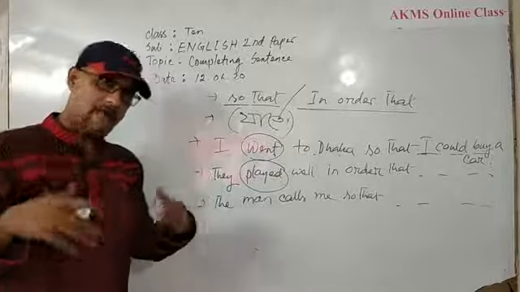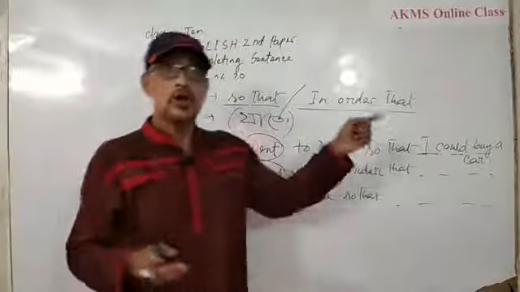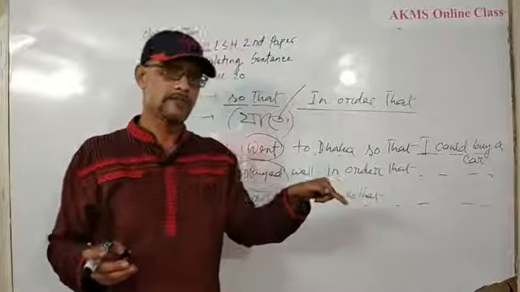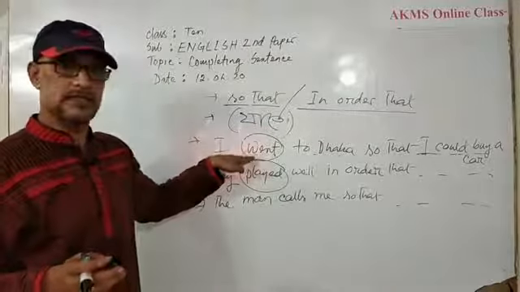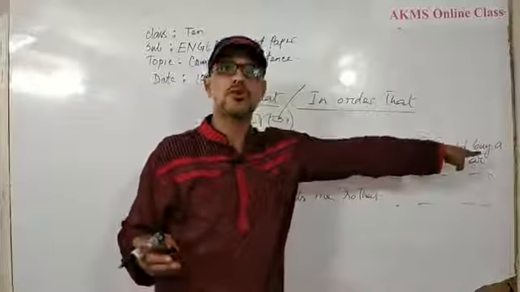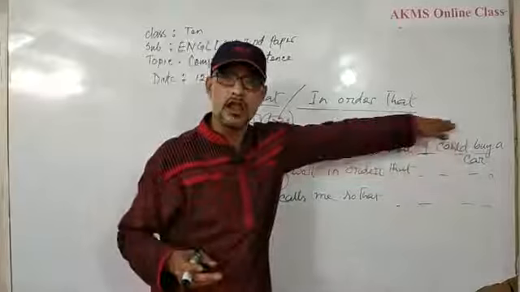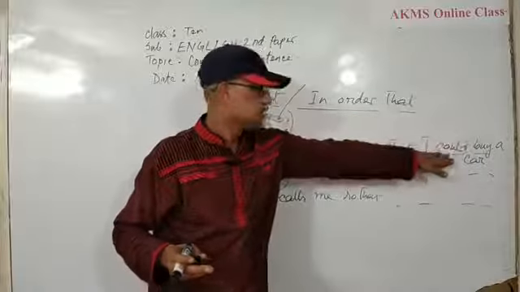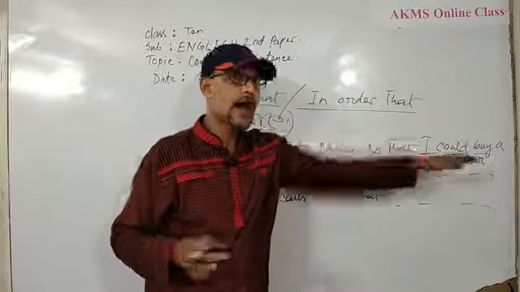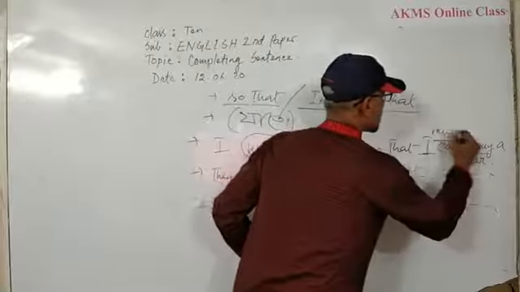Here I am giving a purpose, where I could buy a car. The tense is past tense and I have written could buy. It is past conditional. Could buy. You may use might.